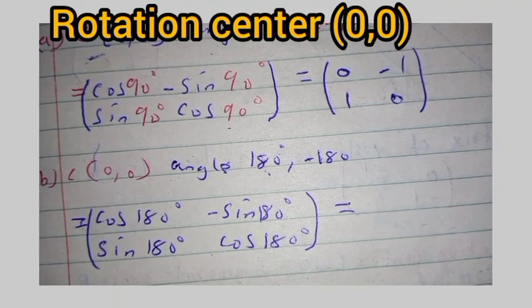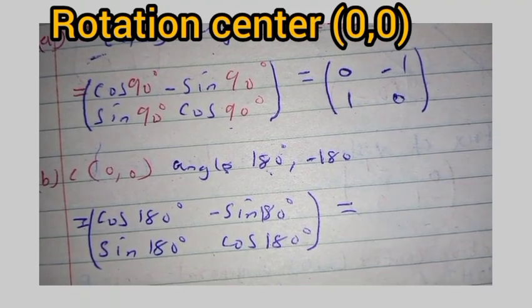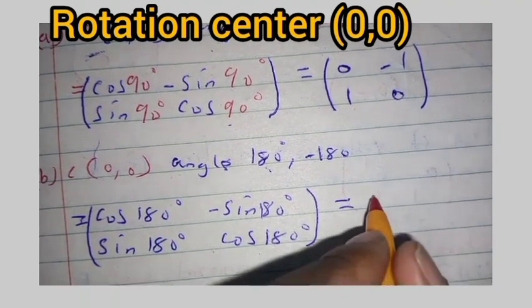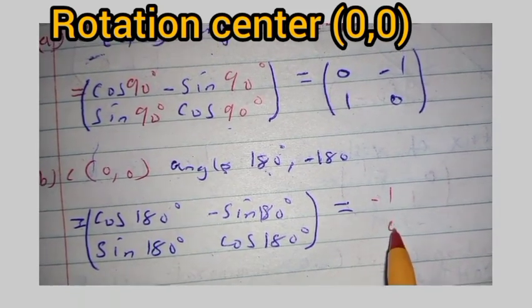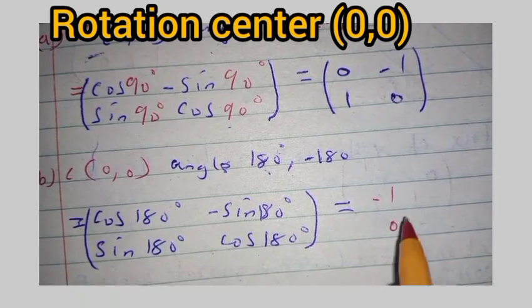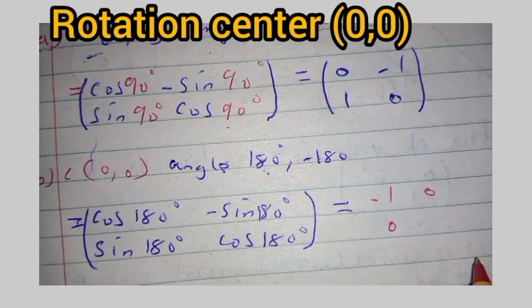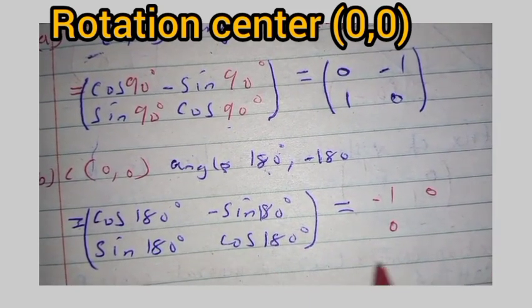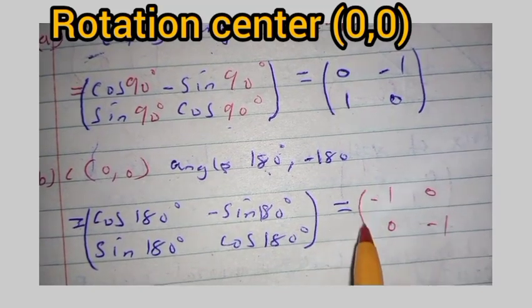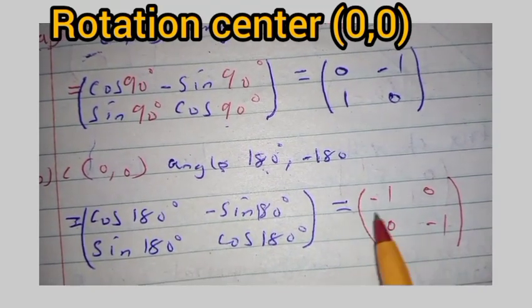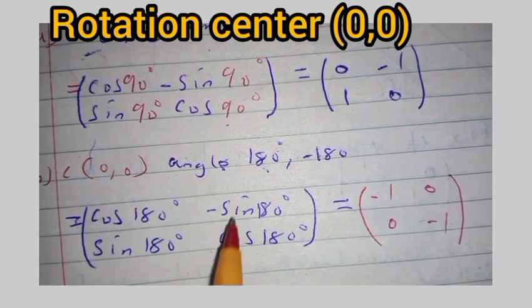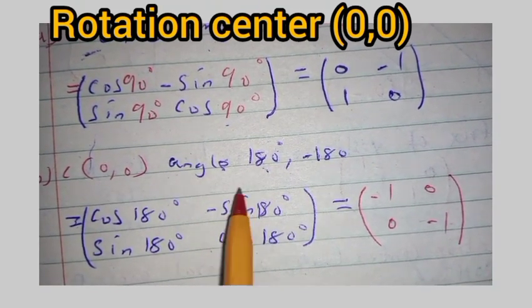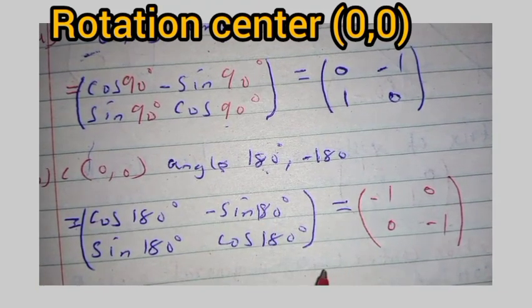So here we are going to have negative 1. The sine of 180 degrees is 0, and 0 times negative gives you 0. And the cos of 180 degrees is negative 1. So this is the matrix of transformation, center 0 0, angle 180, either anti-clockwise or negative 180 clockwise.